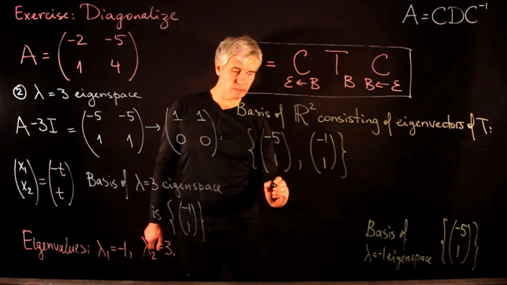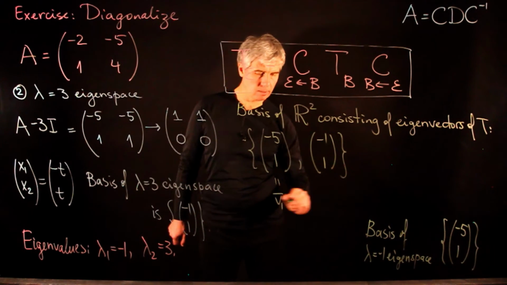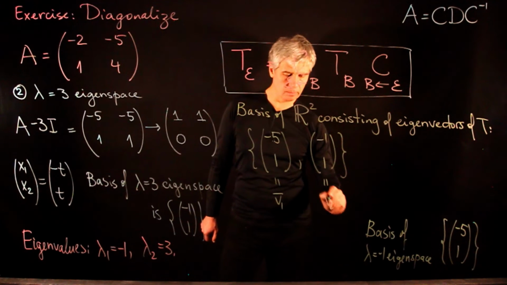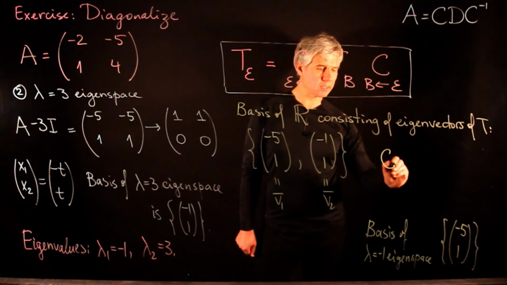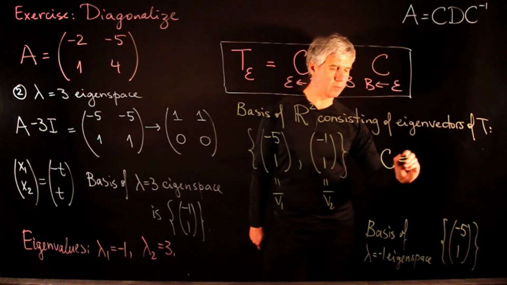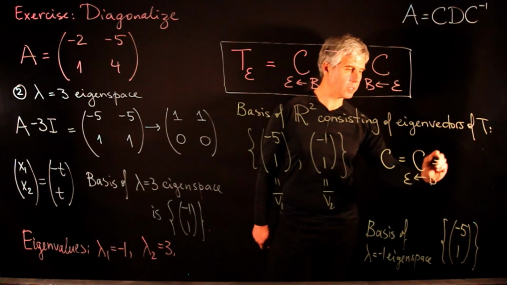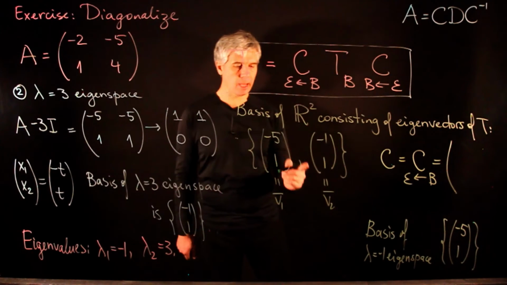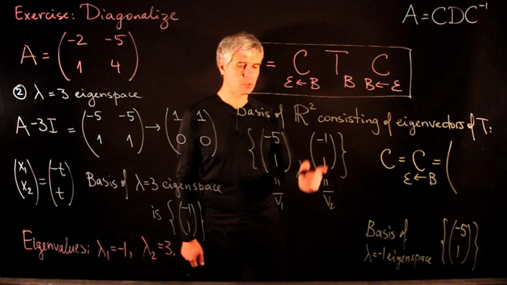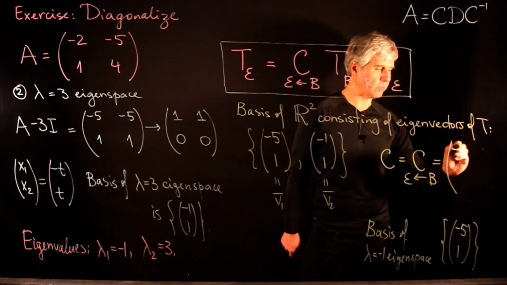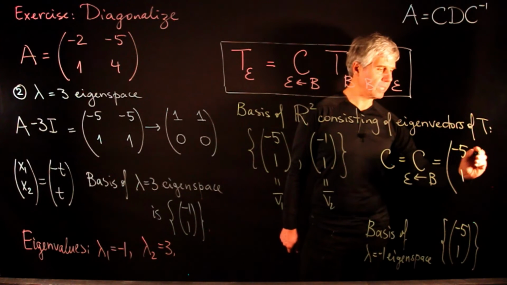So the first vector is v1, and the second vector is v2. This gives us the change of basis matrix C, or C, B to E. So to form this matrix, we just put our eigenvectors as columns. So we'll have minus 5, 1, and minus 1, 1.